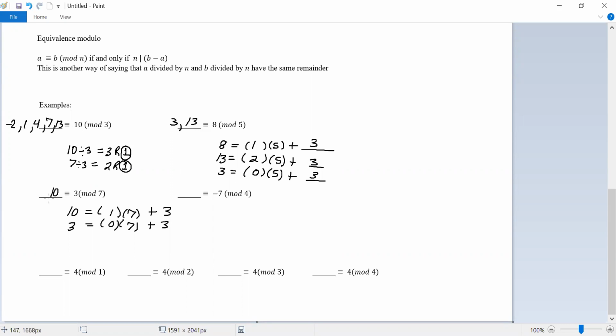Are there other numbers that when we divide them by 7, we'd also get a remainder of 3?